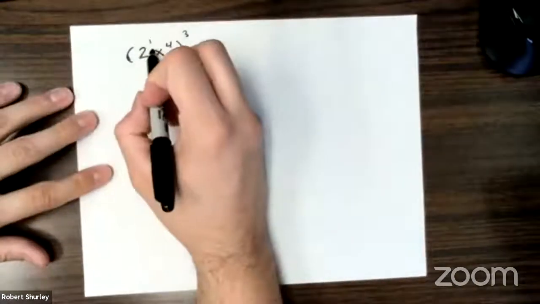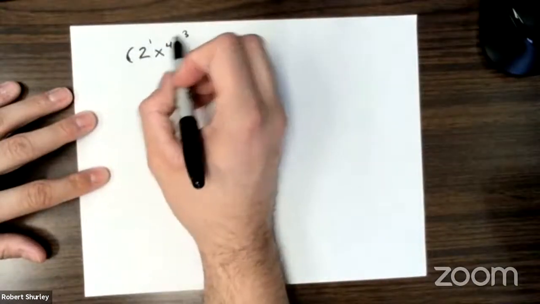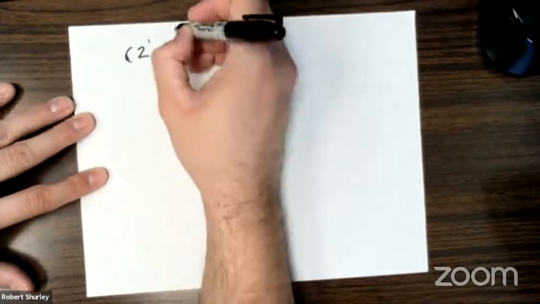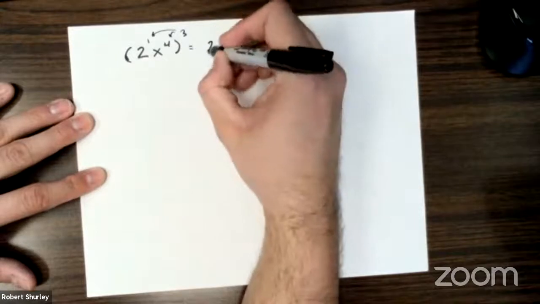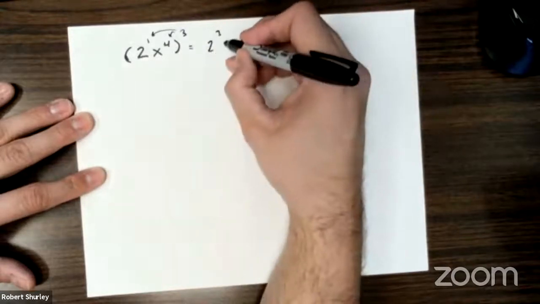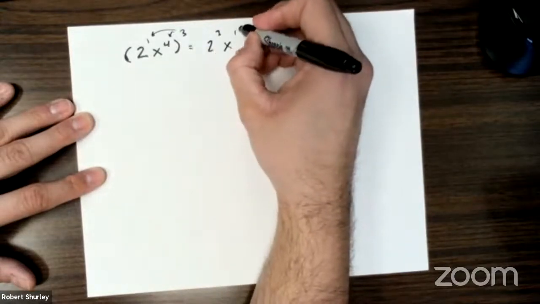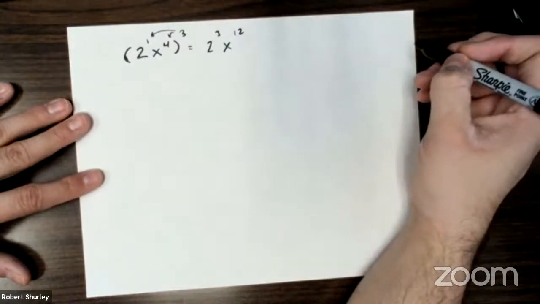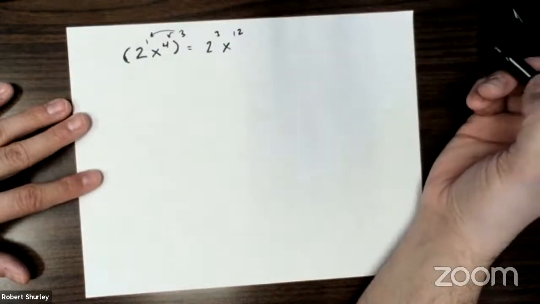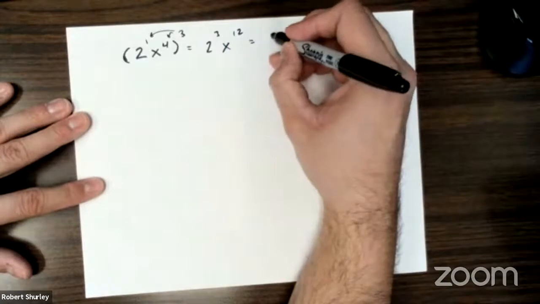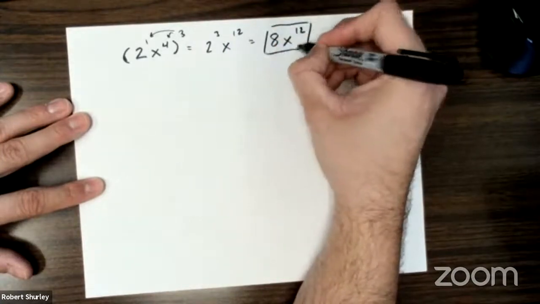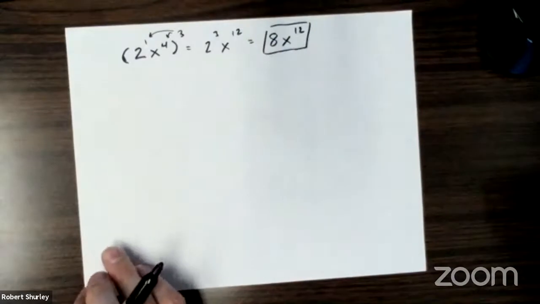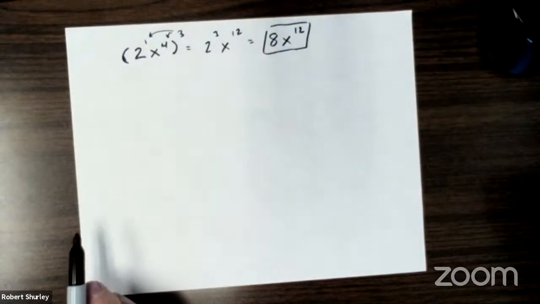No, we're raising the exponent of the 2, which is 1, to the 3. So we have to multiply that by 1 and 4. So we get 2 cubed times x to the 12th. Well, 2 cubed is just 8, so 8x to the 12th power.